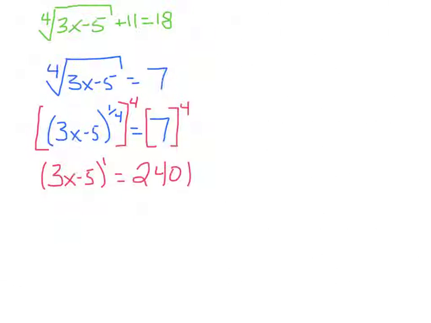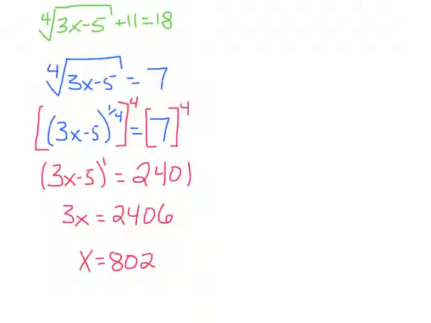Okay, now again it's just like a normal equation. I'm going to add 5 to both sides and get 3x equals 2,406. I'm going to divide 2,406 by 3 and get 802.